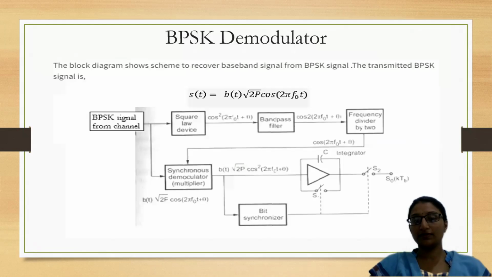And if this value is given to an integrator, then it will be directly proportional to B of t. So B of t means we are going to get the binary data.